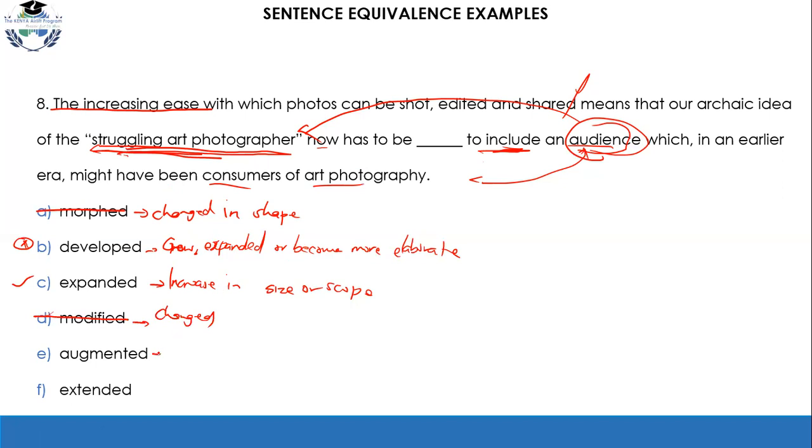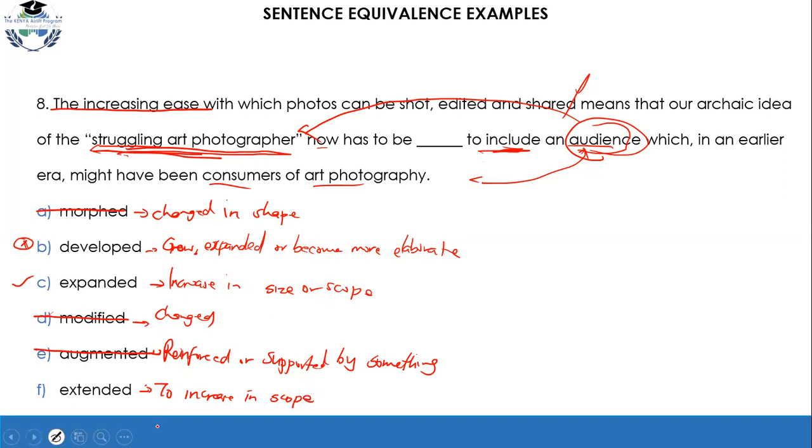Augmented means reinforced or supported by something. Augmented again doesn't really work for us. Extended here means to increase in scope.